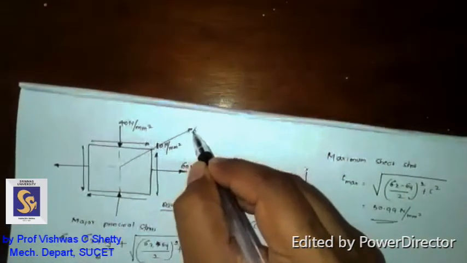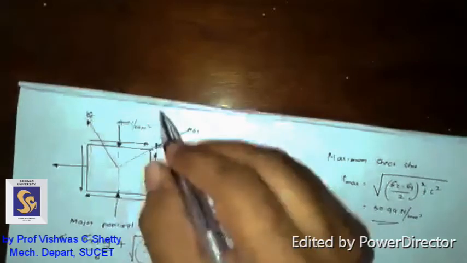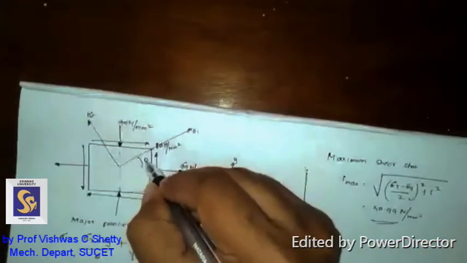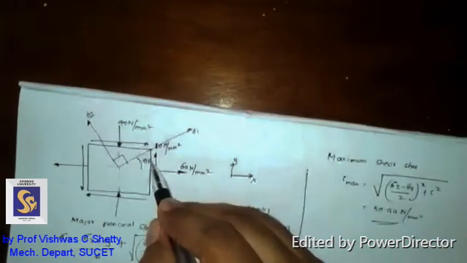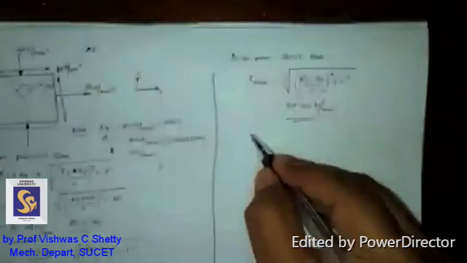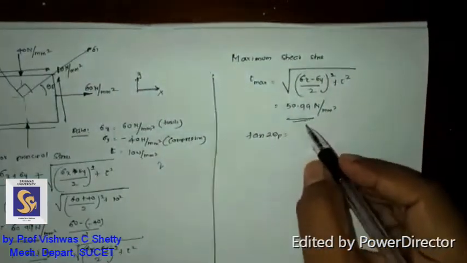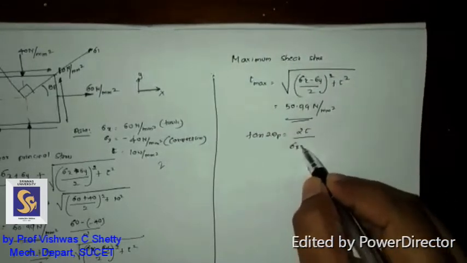We know that principal stresses sigma 1 and sigma 2 are obtained by rotating this 2D stress plane by an angle theta p, and they are mutually perpendicular. So first find theta p. How can you find theta p? Tan 2 theta p is equal to 2 tau upon sigma x minus sigma y.